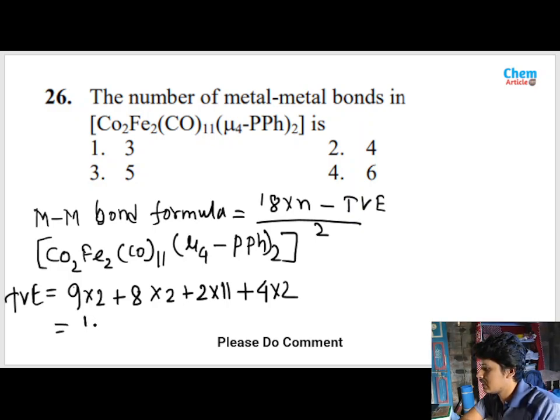So 18 plus 16 plus 22 plus 8, that is 34 plus 30 equals 64.